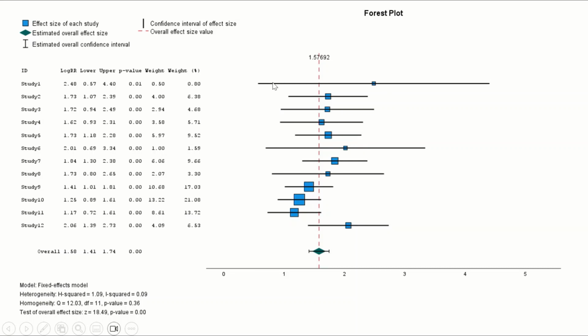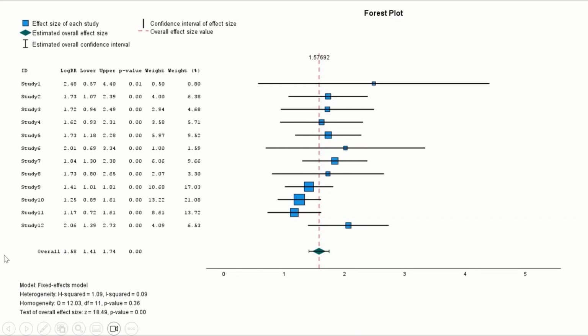The horizontal line is the 95% confidence interval, and the diamond shape here is the overall pooled calculated risk ratio with a 95% confidence interval represented by the horizontal line. The vertical red dashed line represents the calculated pooled risk ratio, which is 1.58.